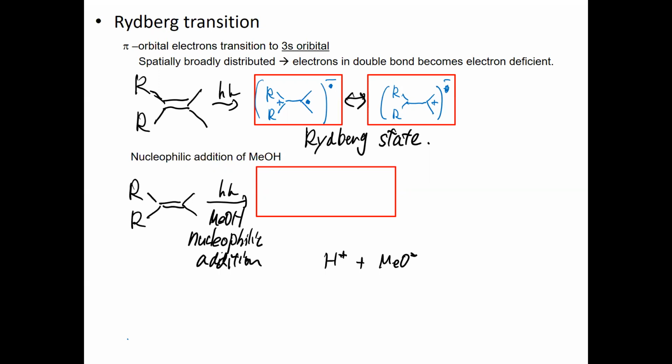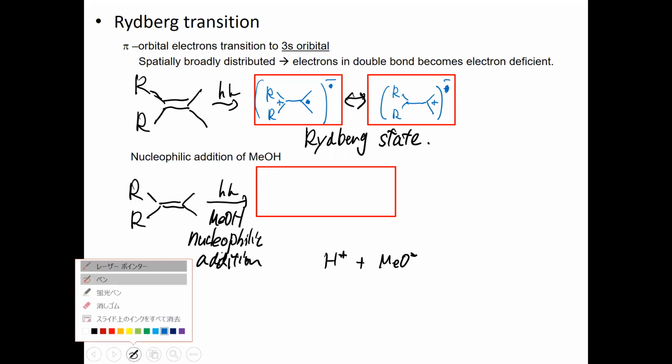In this, the double bond part is more like a radical cationic species, which accepts a nucleophilic addition.